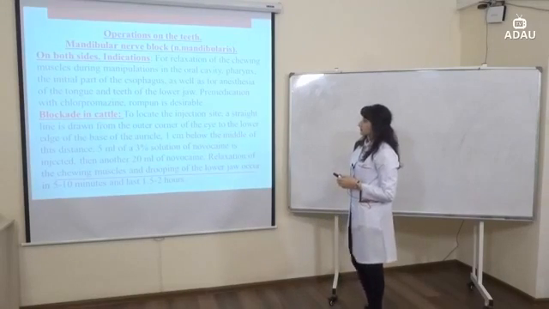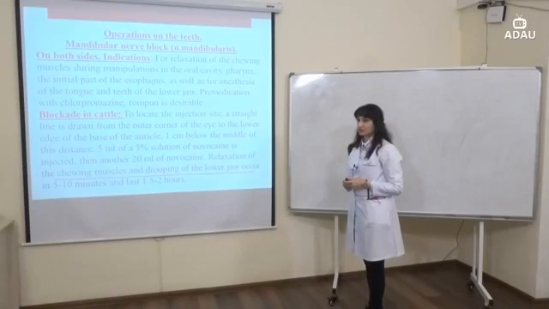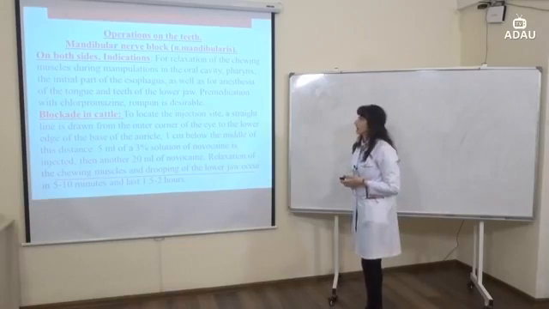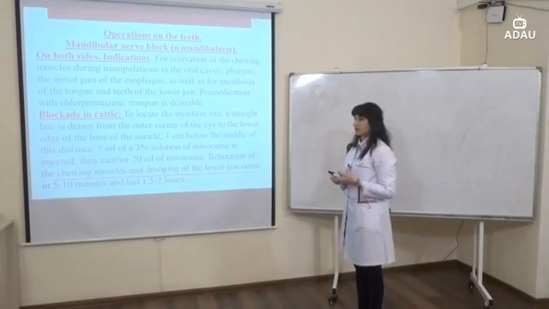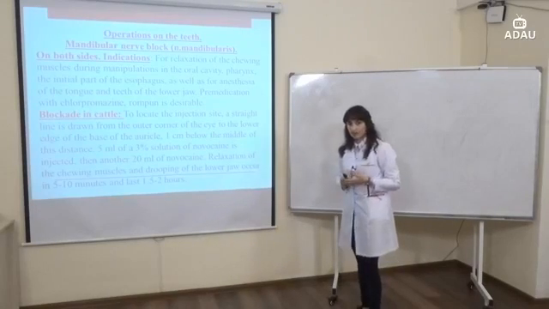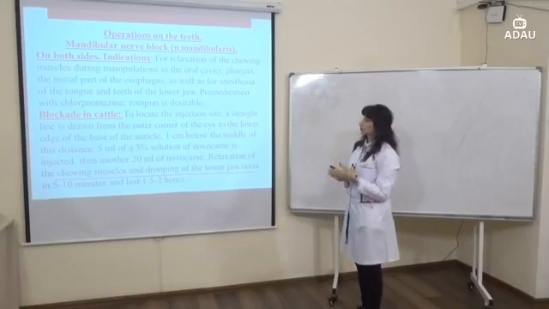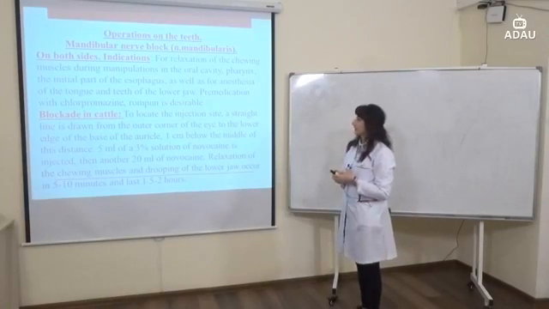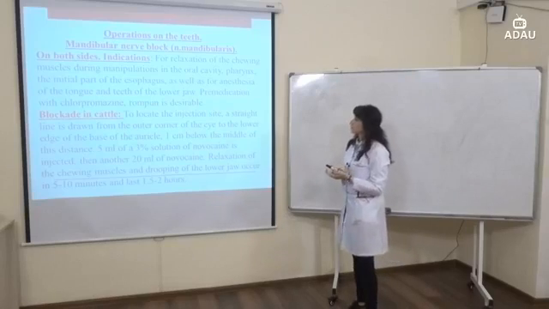Operations on the teeth, which are common in many animals. This is the mandibular nerve block, nervus mandibularis, and we should use this on both sides. Indications: relaxation of the chewing muscles.